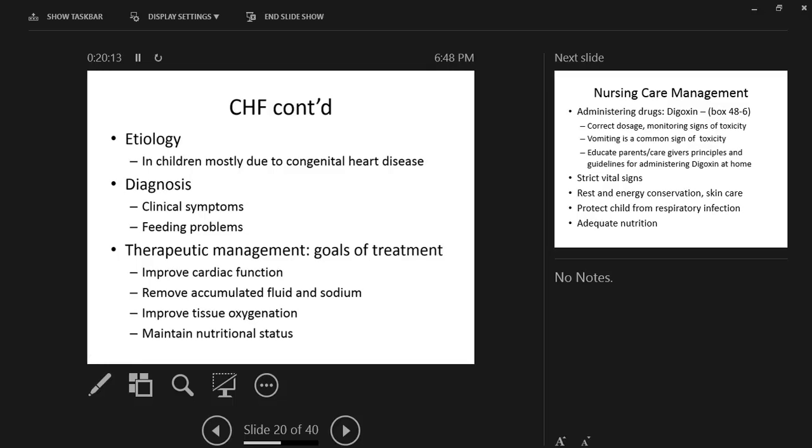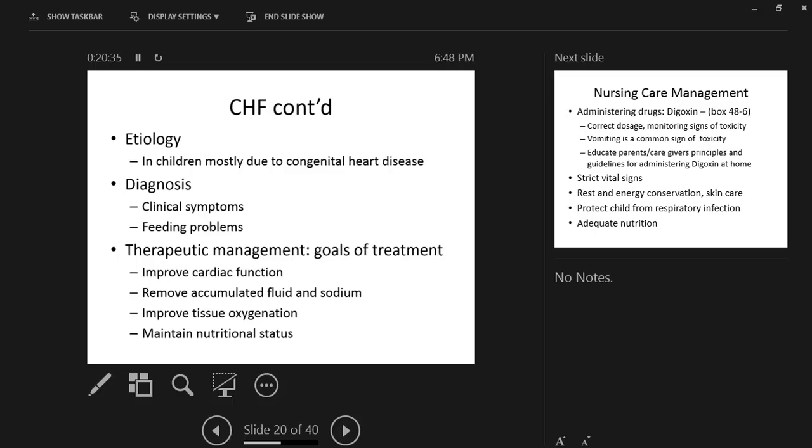And so for the therapeutic management, the goal of treatment would be to improve the cardiac function, and that's the same as you might do with adult cardiac patients. They're going to have oxygen, digoxin, vasopressors, and medications to cause the heart to pump more efficiently.